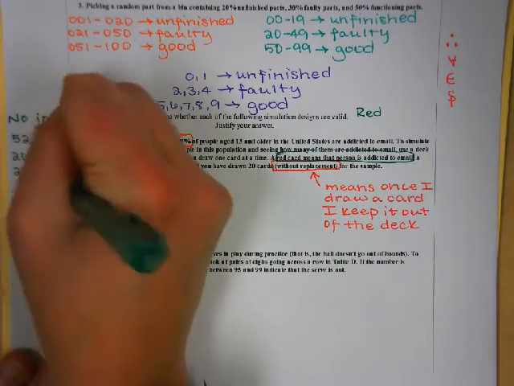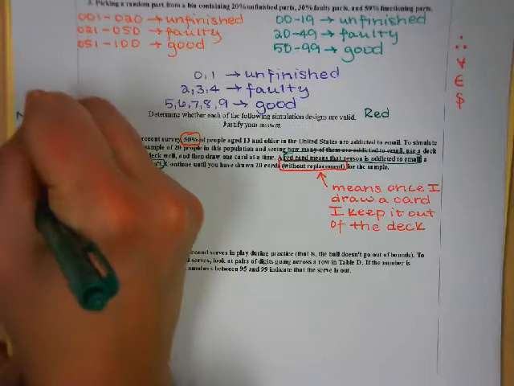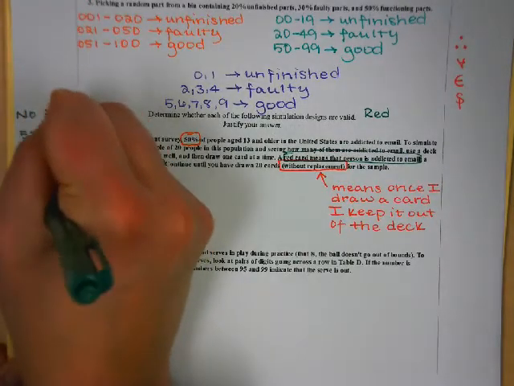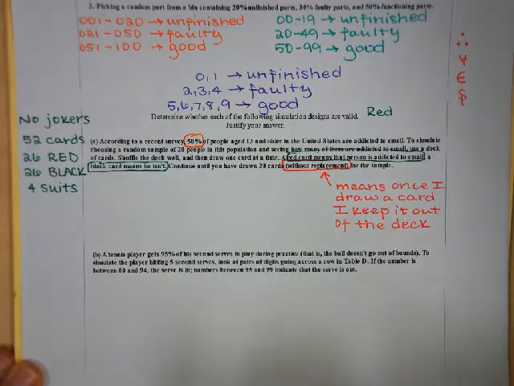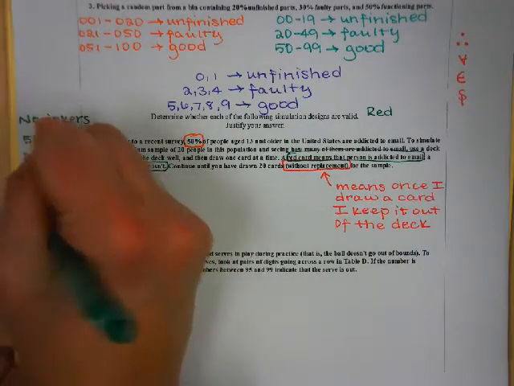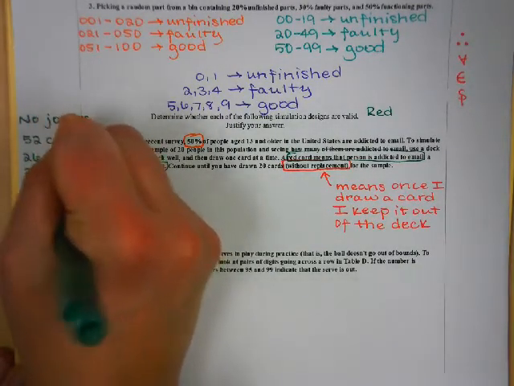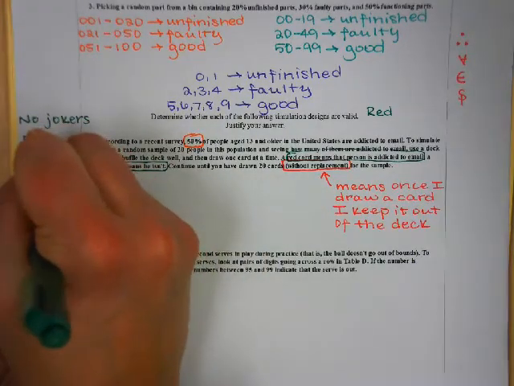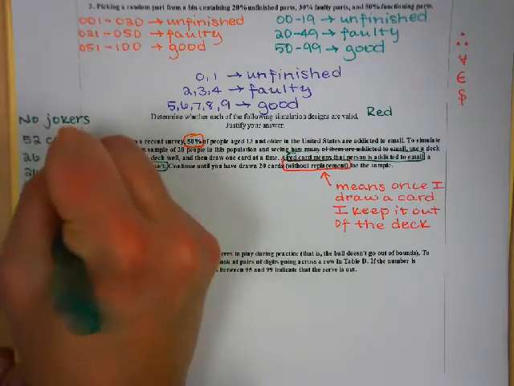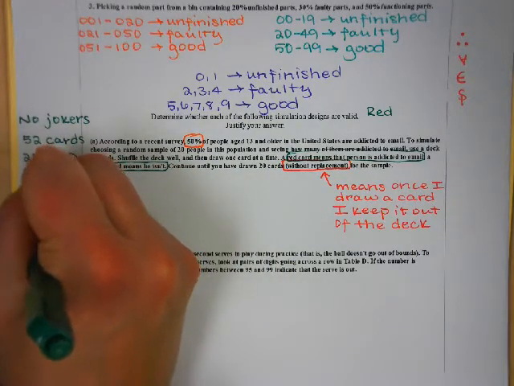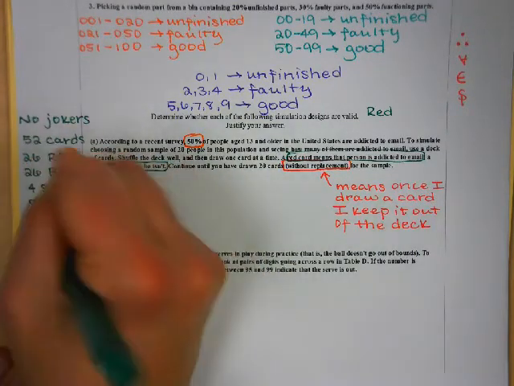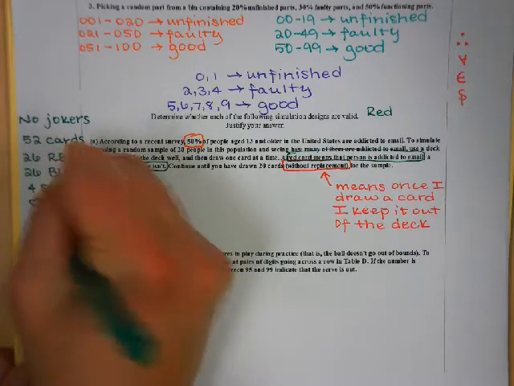There are 4 suits. There are hearts, which are red. There are diamonds, which are also red. Then there are spades, which are black.